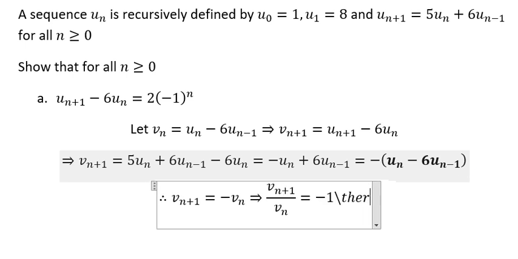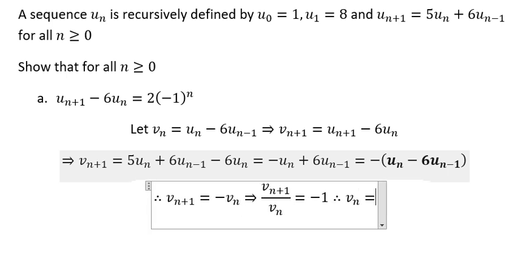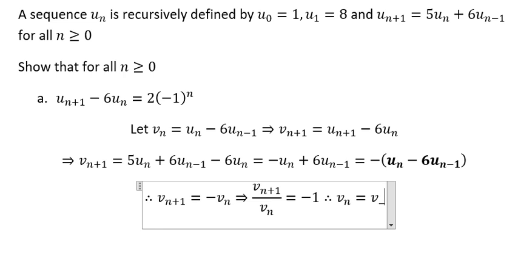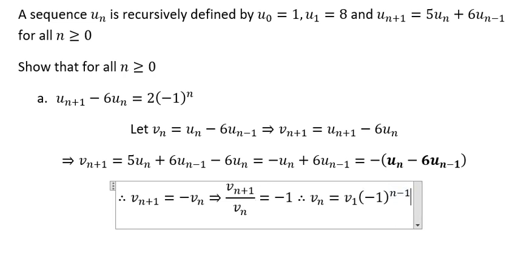Therefore, if I want to express a sequence Vn in terms of n, it will give me the first term. Now, in the first term, n cannot be 0, because if n is 0, we are going to have a u negative 1, which does not exist. So for my first term, n will be 1, okay? So I'm going to have v1 times negative 1 raised to the power n minus 1, like a r to the n minus 1.